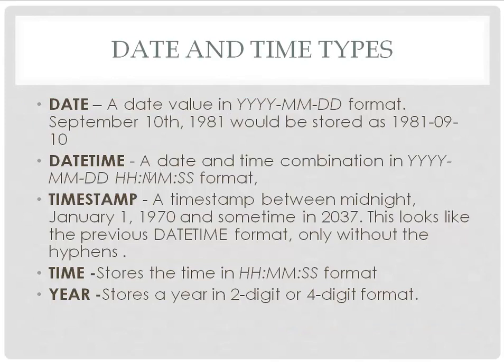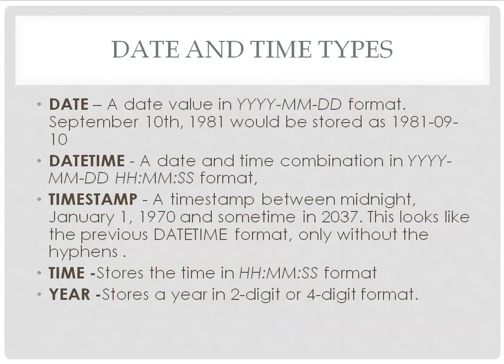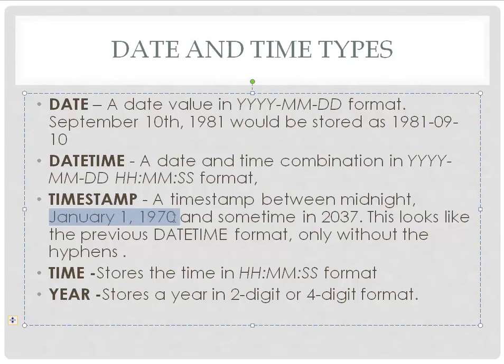Date time basically is a combination of the date and time. It has the same format as the date, but it also adds on the time in hours, minutes, seconds format. A timestamp is basically a string of numbers, and it represents the time between January 1st, 1970 and sometime in 2037.